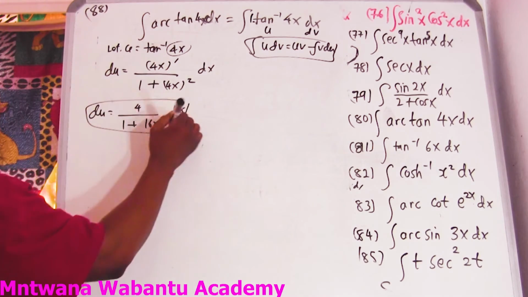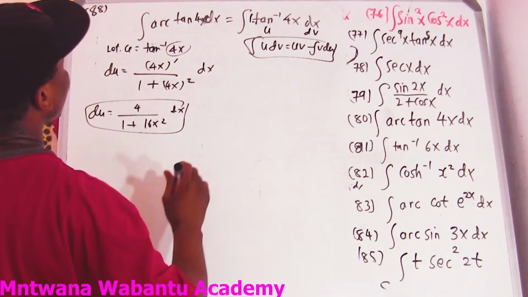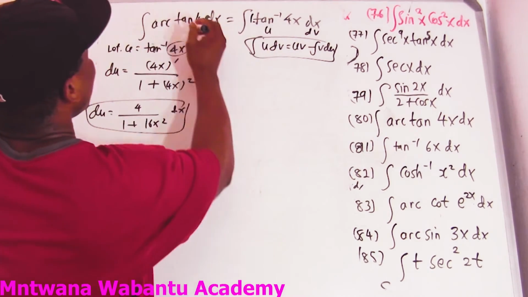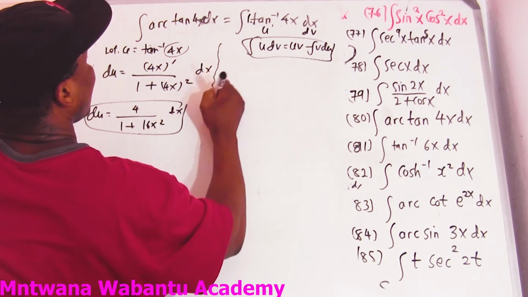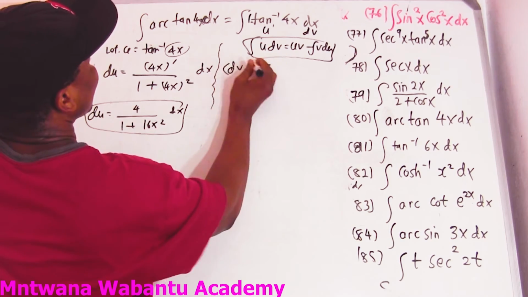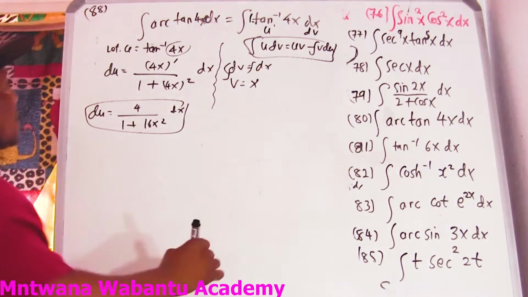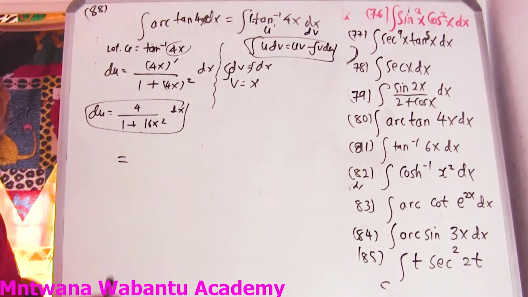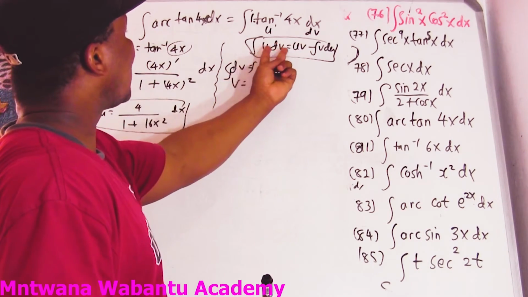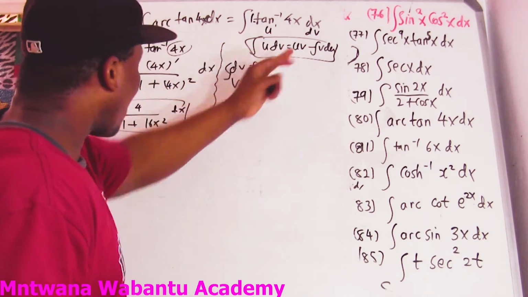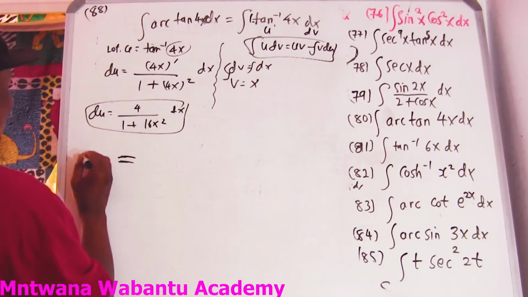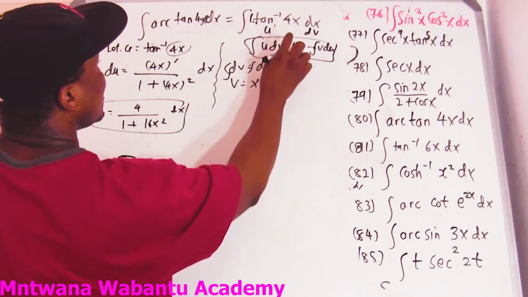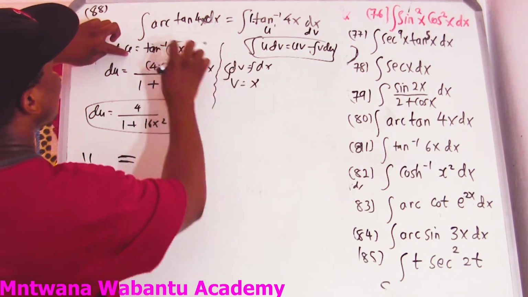Now you come here, because this is u, and then dv equals dx. So now dv equals dx. Integrate, v equals x. So we got all of them. Now the integral of u dv, meaning the one they gave to you, equals uv, what is u? u times v.